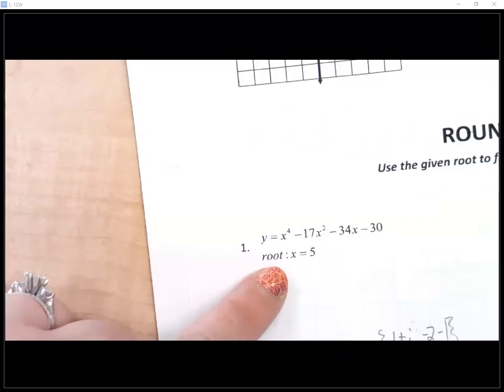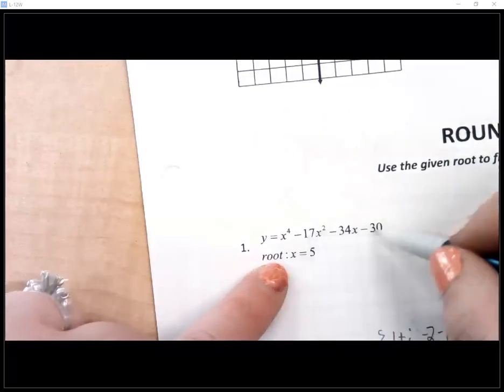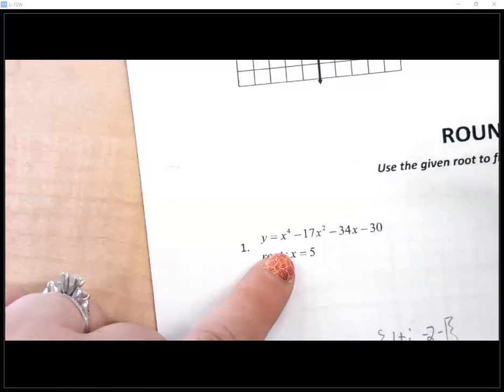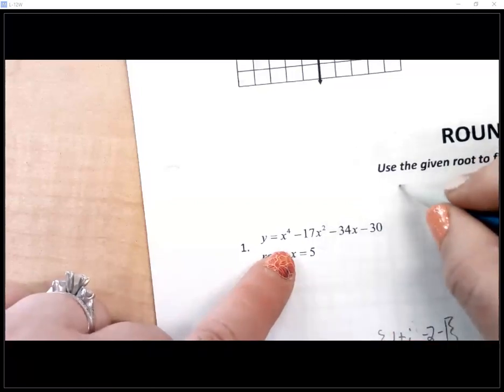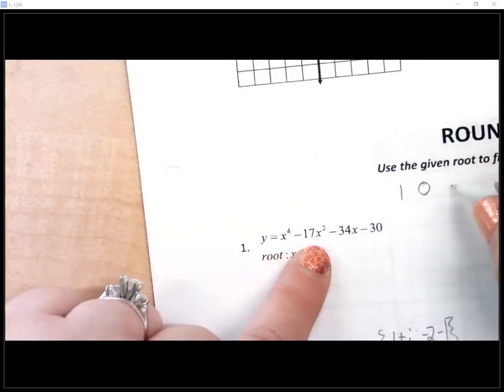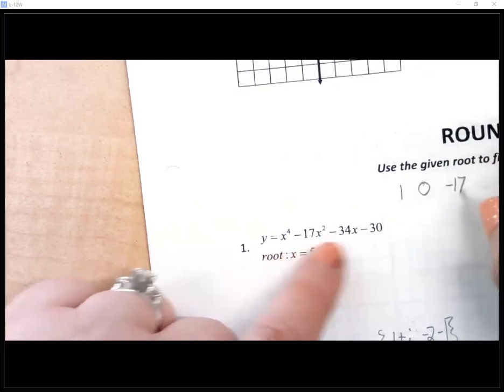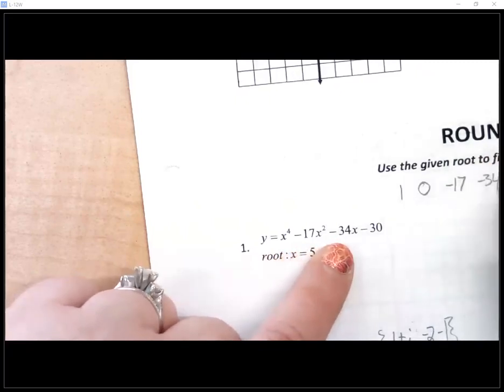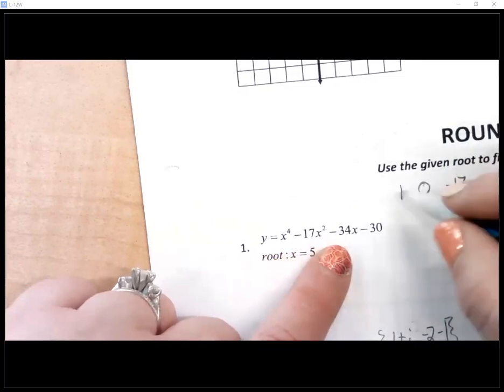So we're going to synthetically pop in a 5. So let's pull down our coefficients. I'm going to go over here so I have a little bit more room. 1, I don't have an x cubed though, so I have to put in a 0 placeholder. X squared is -17, x to the first, -34, and then -30. I'm going to plug in 5.